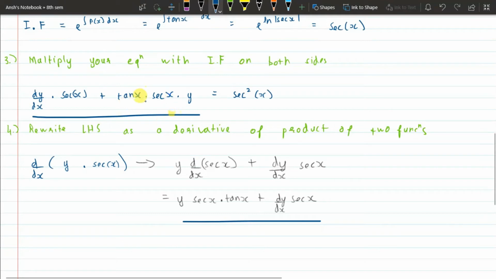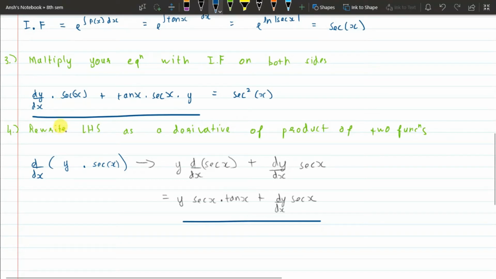And this is the cleverness of the integrating factor. The integrating factor is calculated such that when you multiply the left hand side of the equation by it, the entire left hand side can be written as the derivative of a product of two functions.